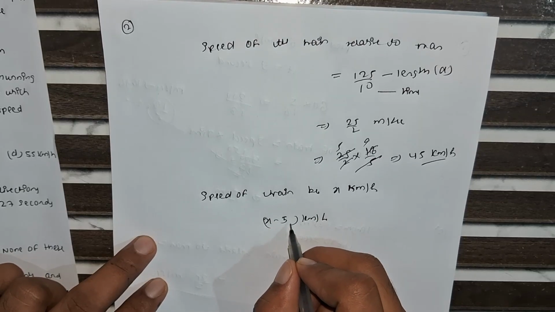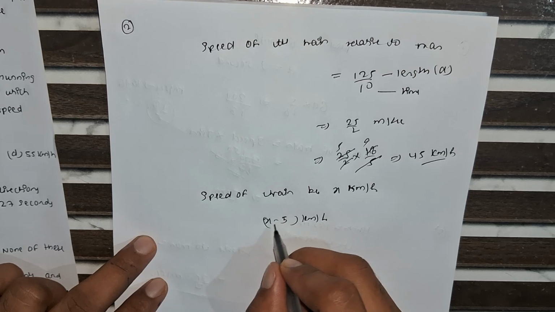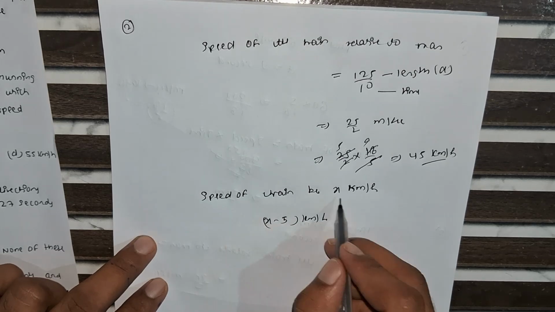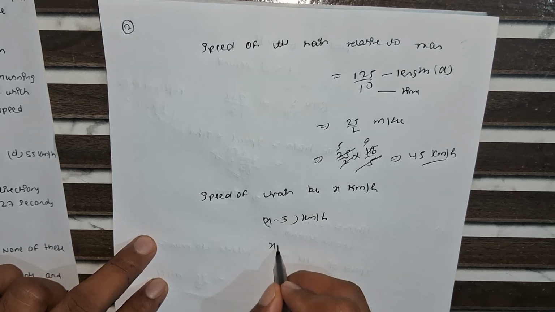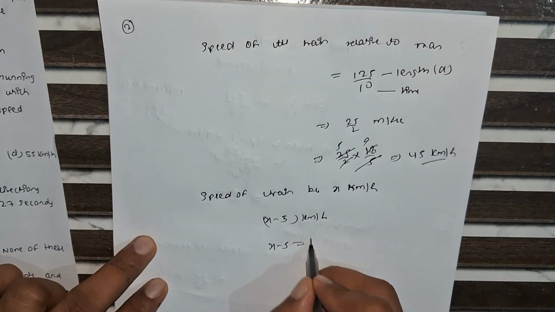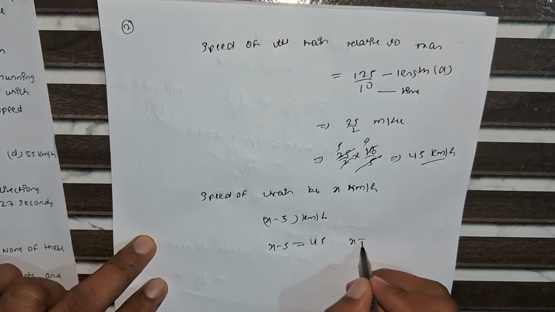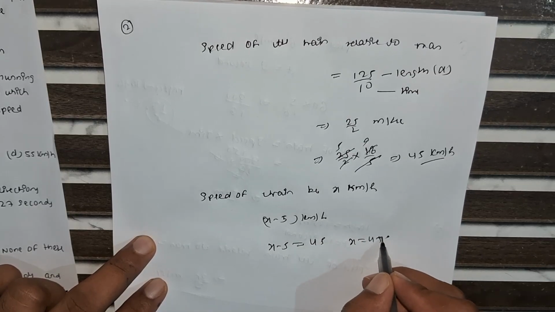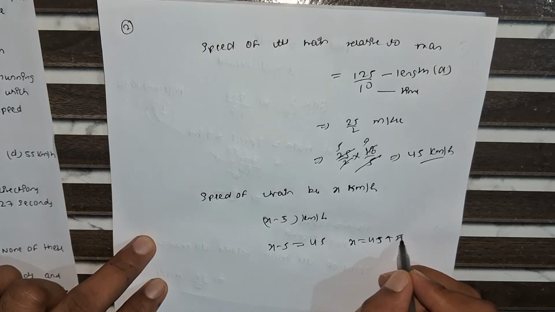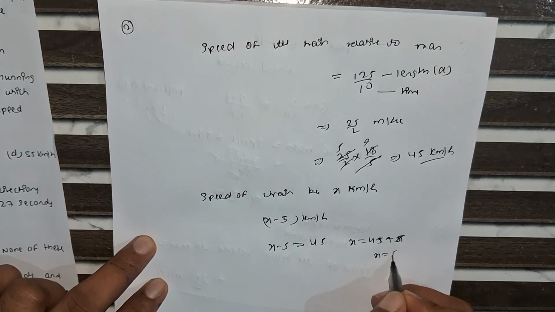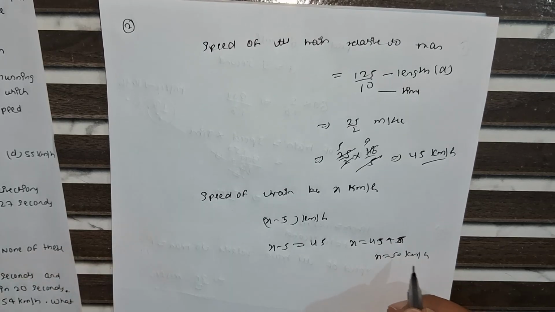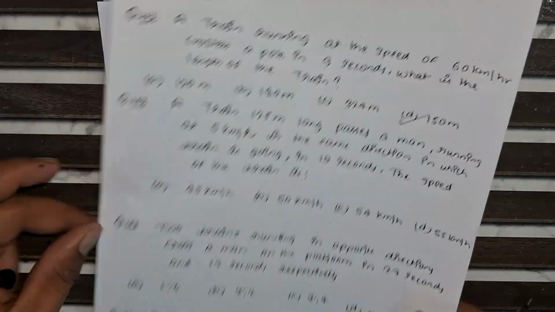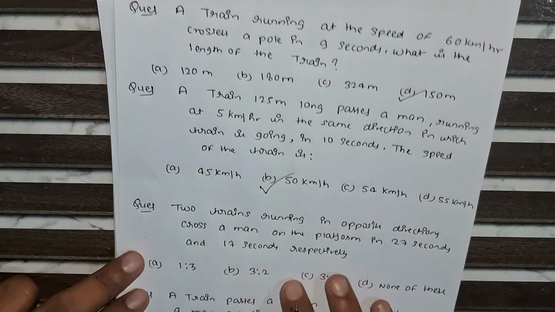Because this is the speed of the man. That's why I am subtracting 5 from the speed of the train. So x minus 5 equals 45. So x equals 45 plus 5, which equals 50 kilometer per hour. B option is the correct answer.